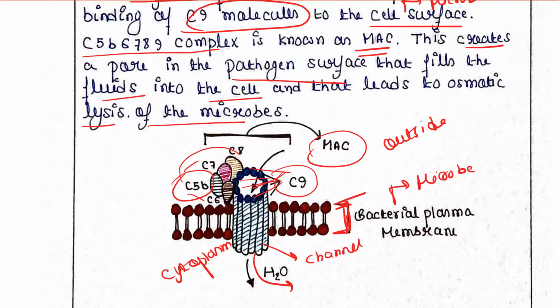So the cell lysis will occur. And in this way, the classical pathway kills the pathogens or microbes that have entered our body. So this is all about the classical pathway.